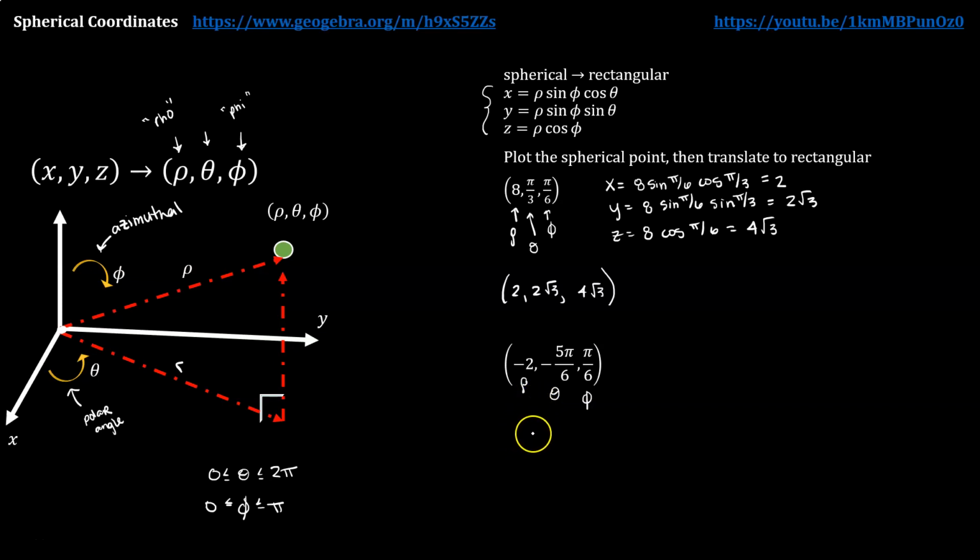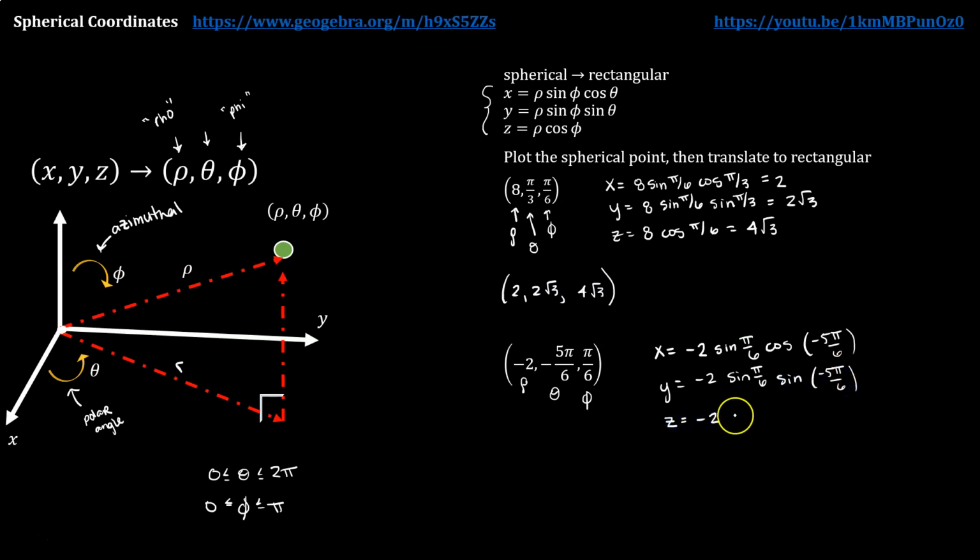So if we wanted to do that, we could figure out that x is -2 sine pi over 6 cosine -5 pi over 6, and our calculator can handle that. Y is -2 sine pi over 6 sine -5 pi over 6. And last, z would be -2 cosine pi over 6.